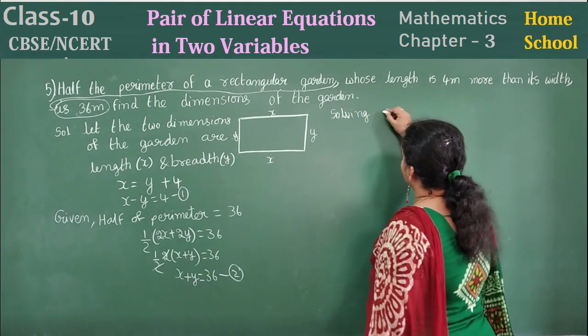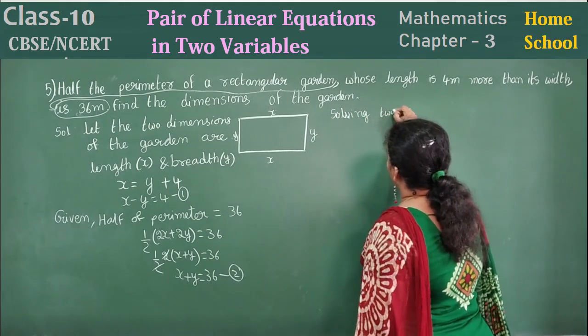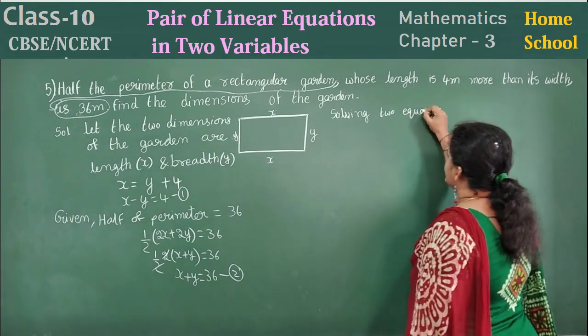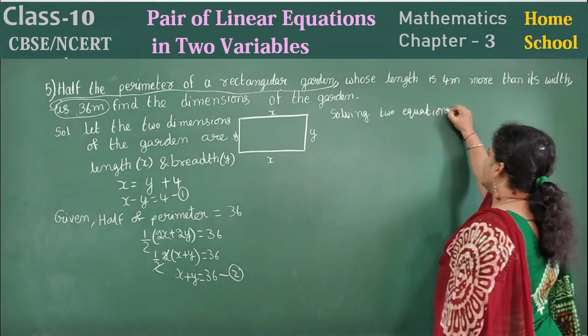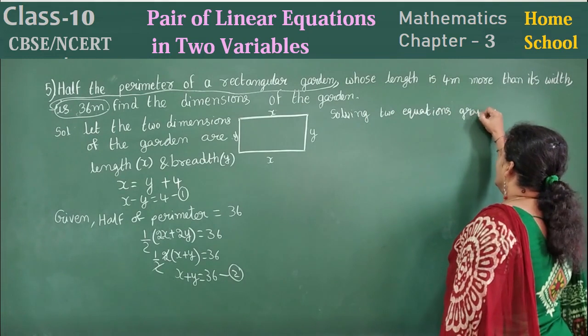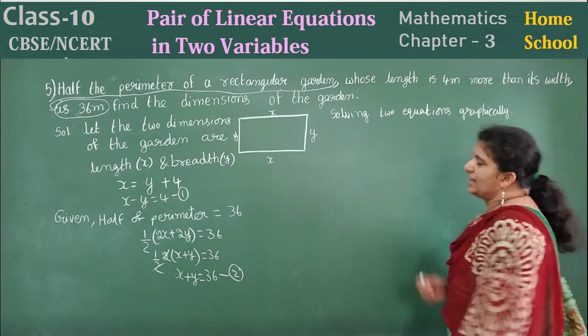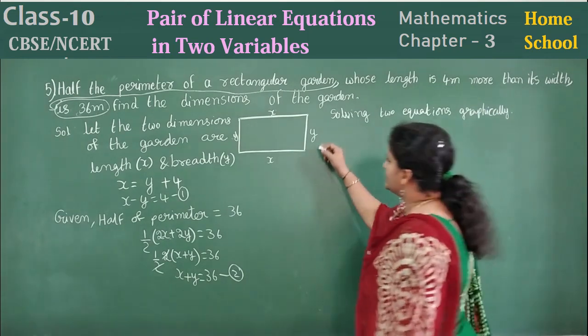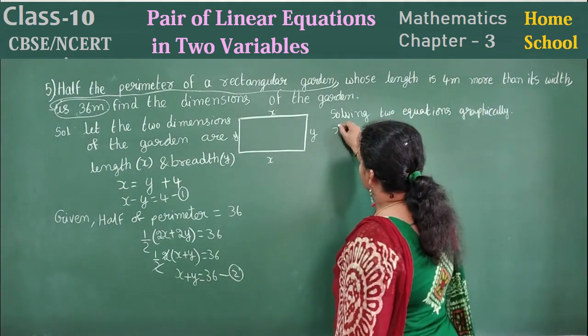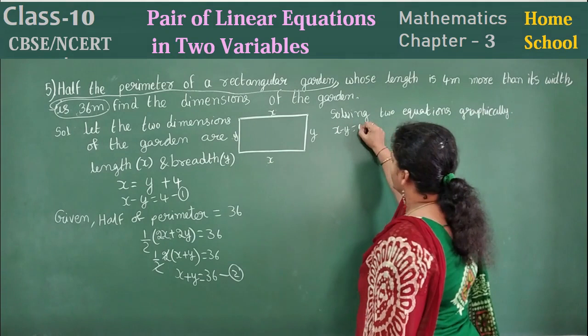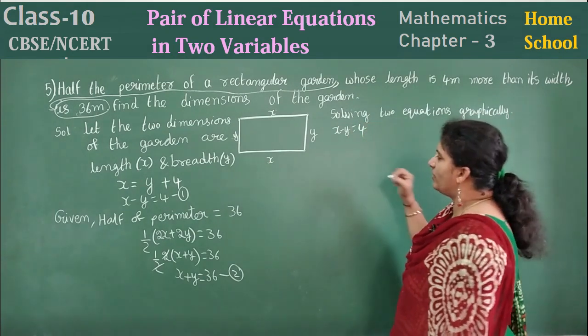Solving 2 equations graphically. What are the 2 equations here? X minus Y is equal to 4. So rewrite in Y format, children.